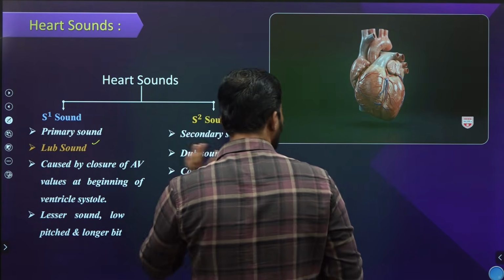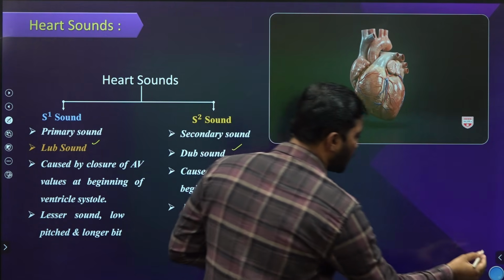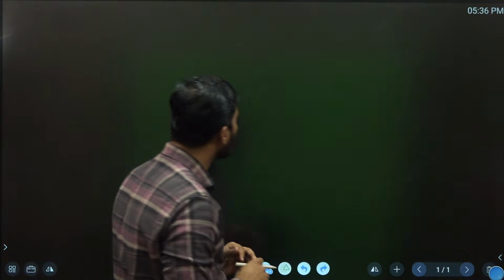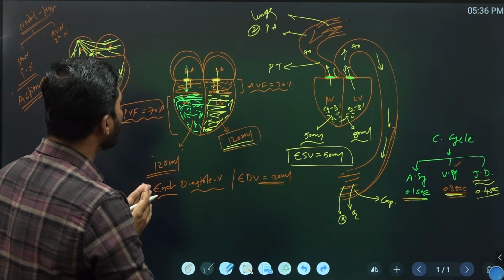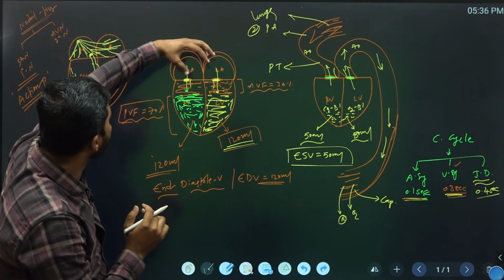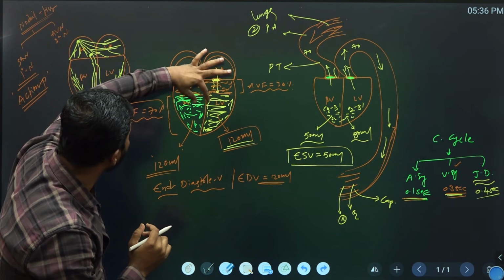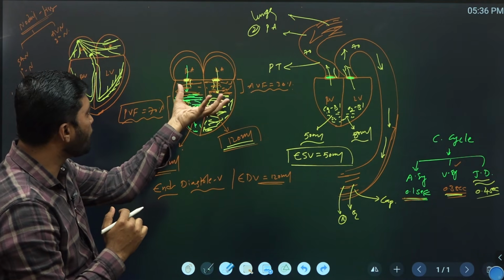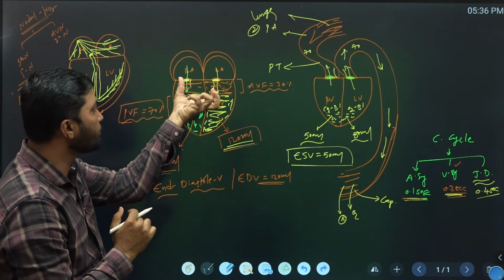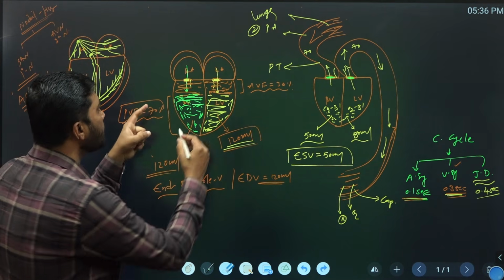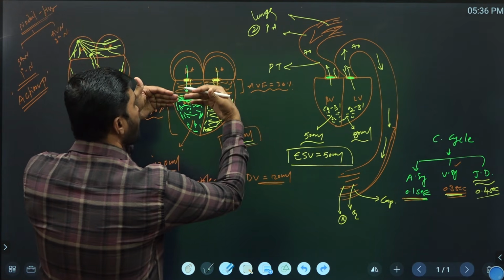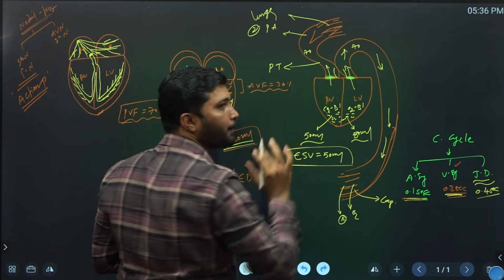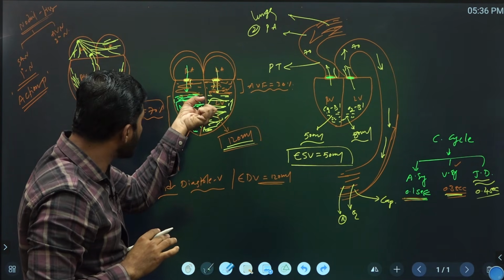Come back to the previous diagram. This is systole, the blood pumped by the ventricles. During the beginning of the ventricle systole, what happens? The tricuspid and bicuspid valves close and the semilunar valves open.